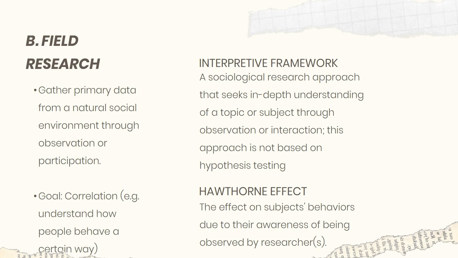This is an effect in which subjects might act differently because they know that they're being observed. So they might be nicer, they might perform, right, to be good so they don't look bad, and so on. So researchers need to be aware of the Hawthorne Effect so they do not get biased information. One way in which researchers might address the Hawthorne Effect is to spend a long time in the field, build rapport with their subjects, and almost what scholars sometimes call go native, right?